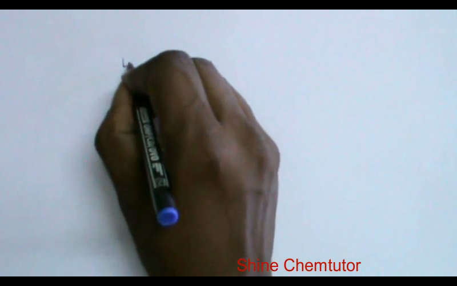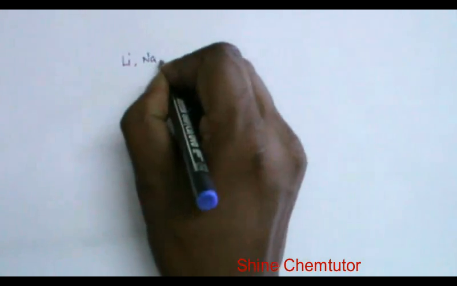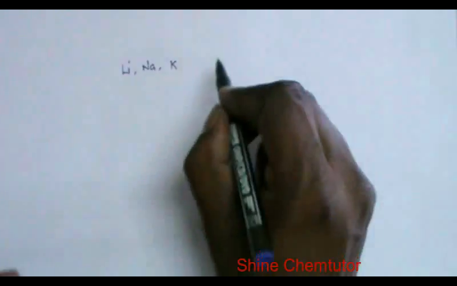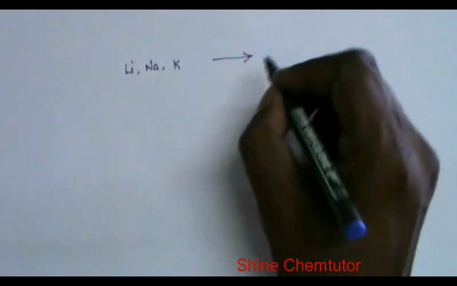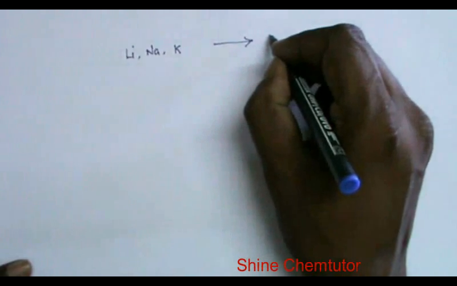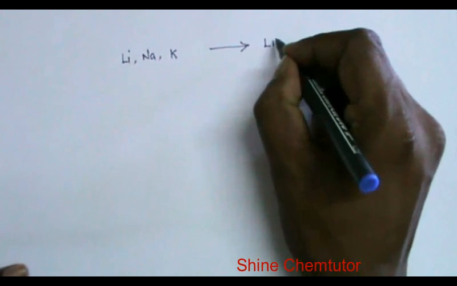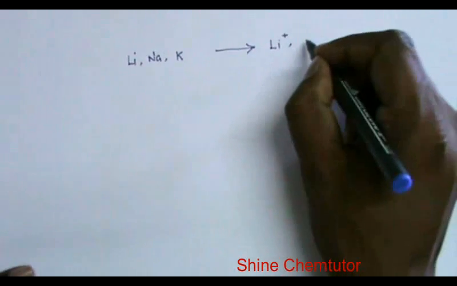Now, if you go for alkali metals like lithium, sodium, potassium, they will not exist as such even for a few minutes. If you keep that open, immediately they will get converted into lithium hydroxide, sodium hydroxide, potassium hydroxide, like that.